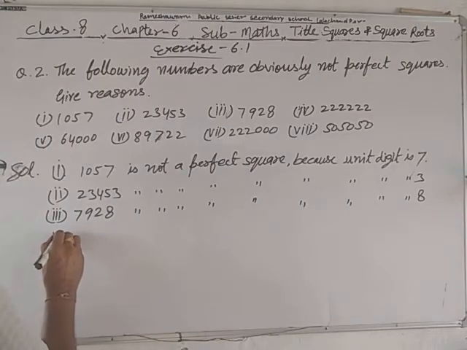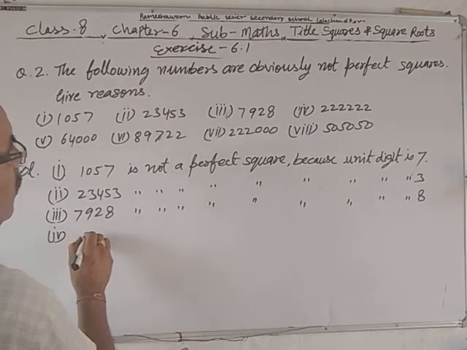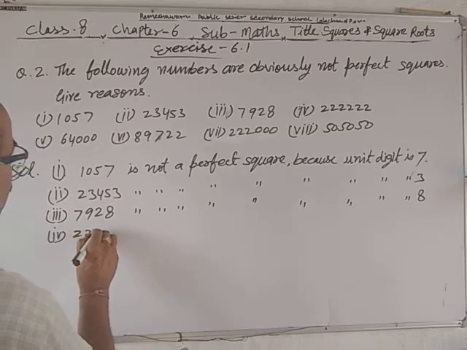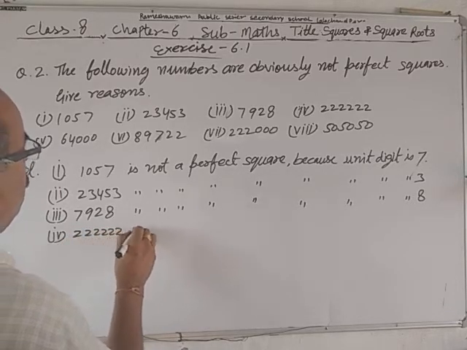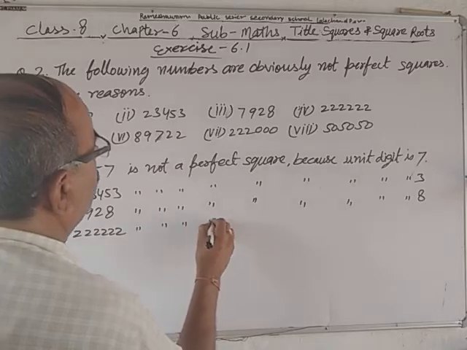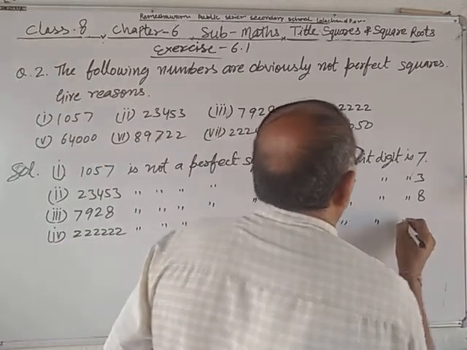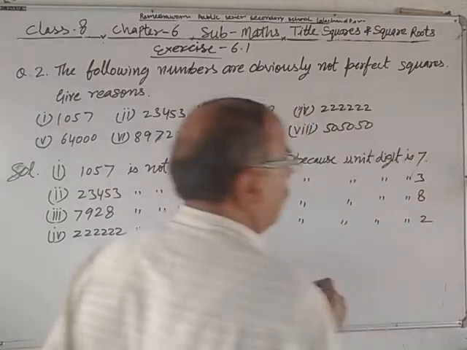The fourth, 222222 is not a perfect square because the unit digit is 2.